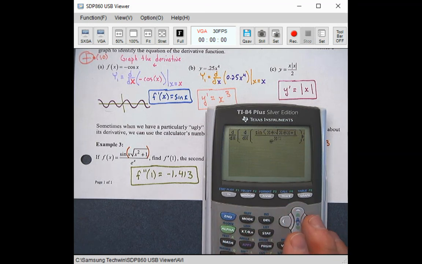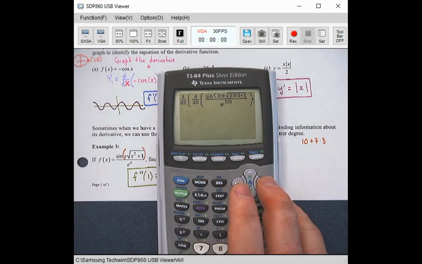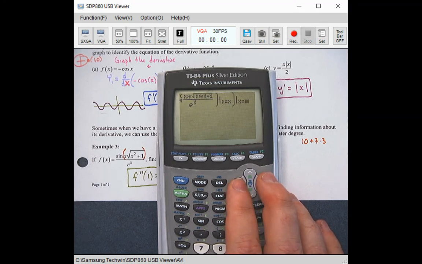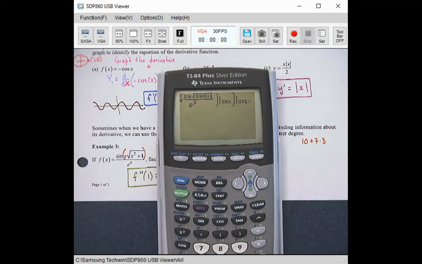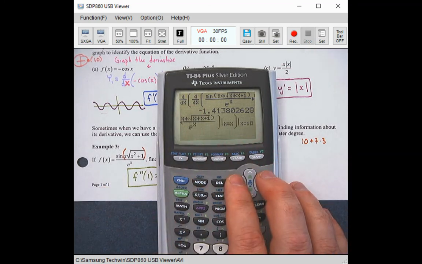Okay, now here's where it gets a little tricky. You got to pay attention to details. This first derivative, I'm not trying to derive it anywhere specific, so I'm going to derive this one according to x. Then this derivative, that's the second derivative. I want to derive that one specifically at 1, and it spits back exactly the same answer.